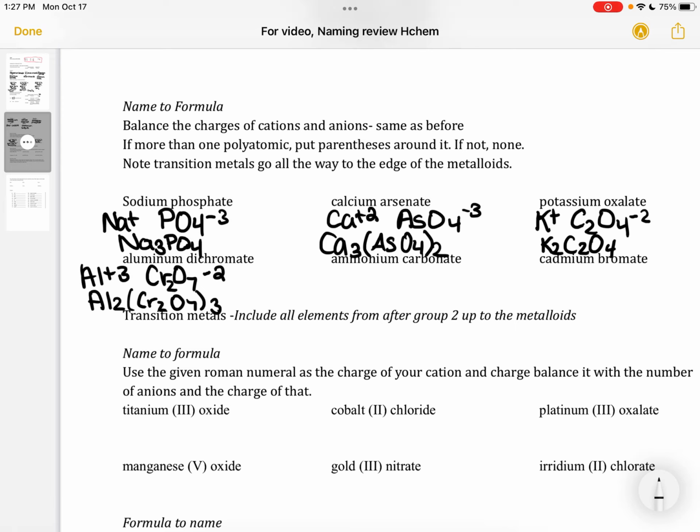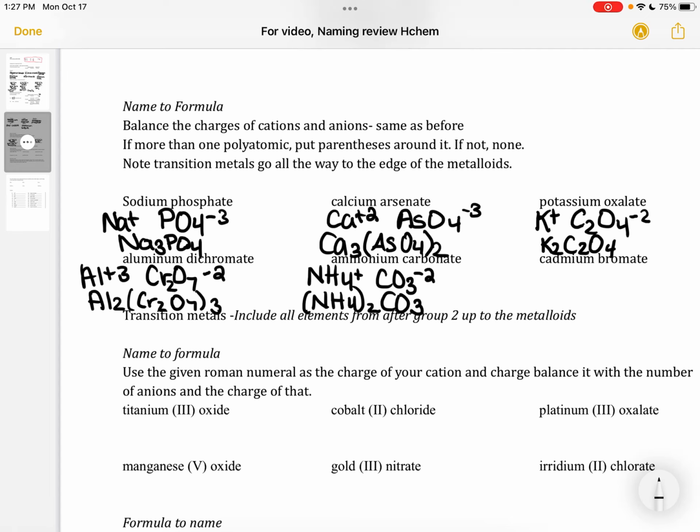Next, I've got ammonium carbonate. Ammonium's a polyatomic, NH4 with a +1. Carbonate, CO3 with a -2. So I'm going to need 2 of those ammoniums. So I'm going to put my ammonium, NH4, in parentheses, CO3.